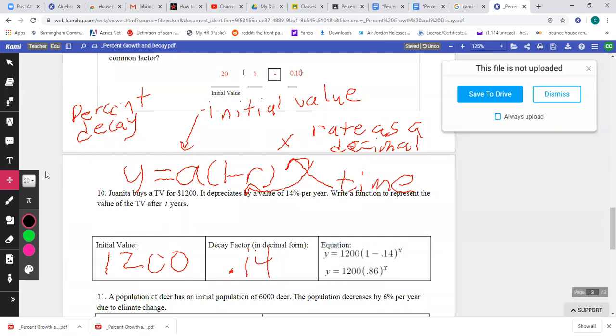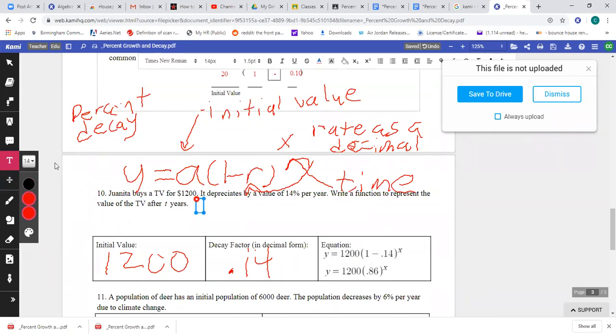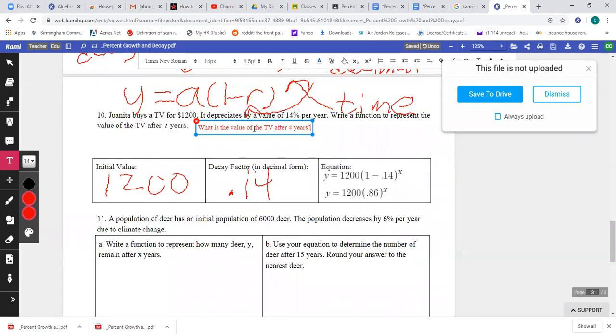But like before, I'm going to add one more question here: what is the value of the TV after 4 years? If they ask this question, all you do is substitute 4 in for x.